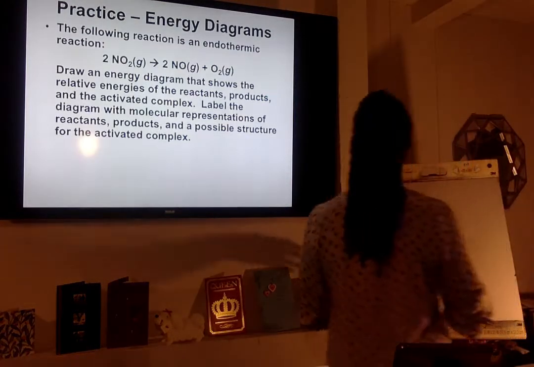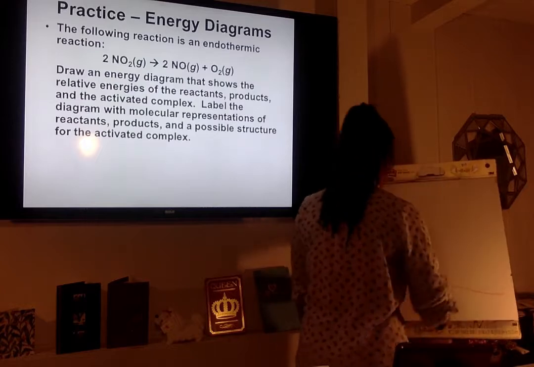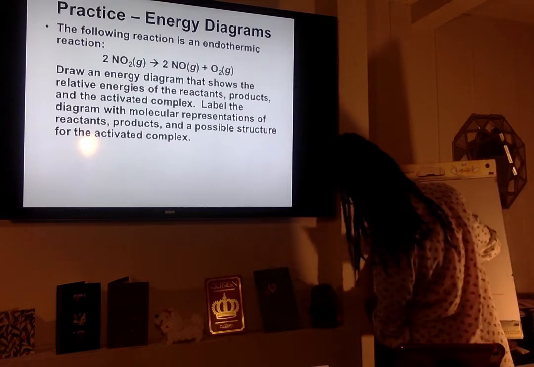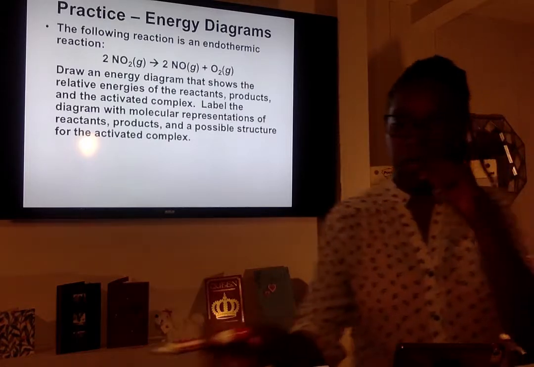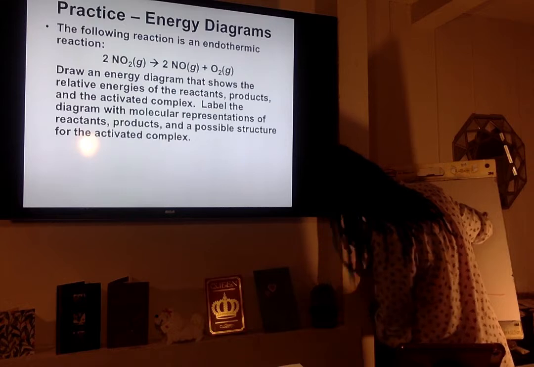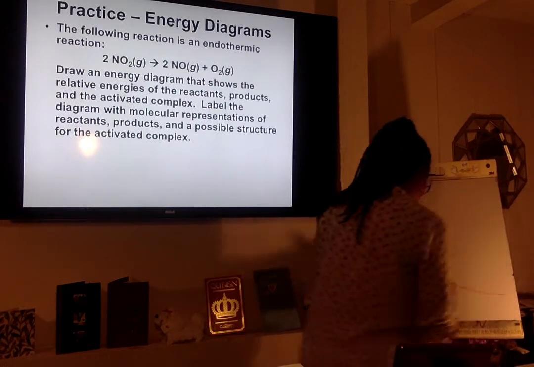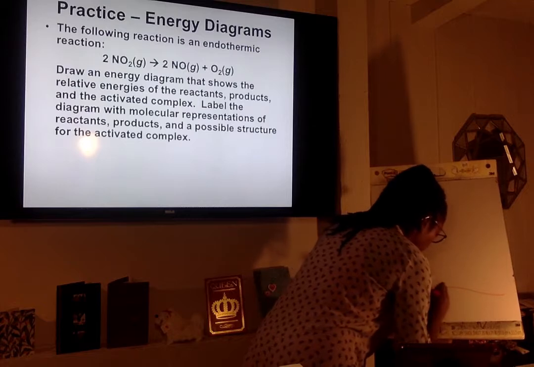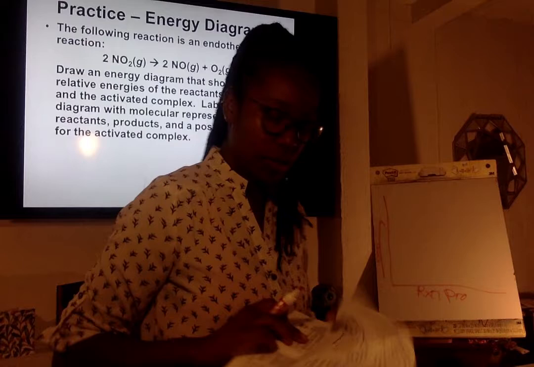So we have our Y, we have our X, and so we're going to be increasing energy. And then progress.